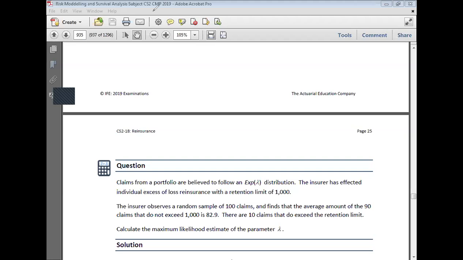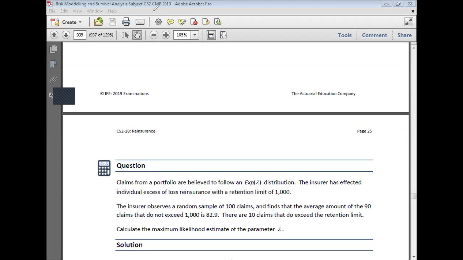So, can someone read this question out for me? Savri, would you like to read the question for me? Okay, ma'am. Claims from a portfolio are believed to follow an exponential distribution.